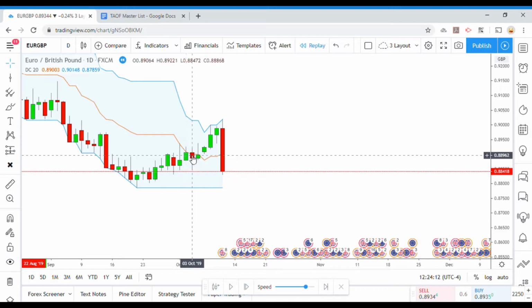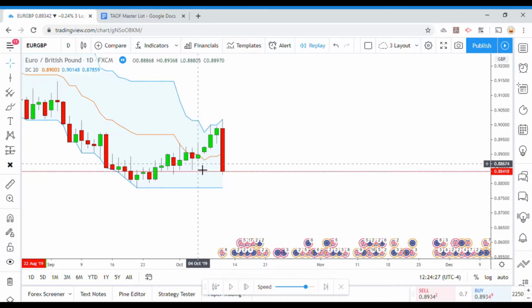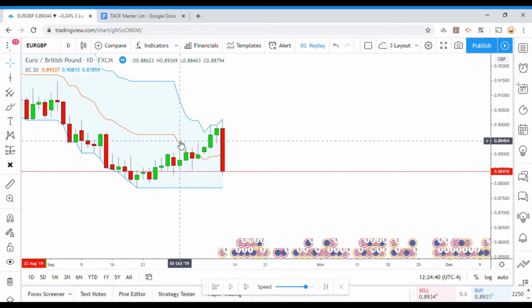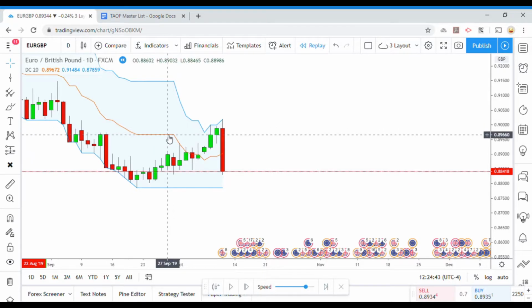But the indicator itself, when it opened the next candle, looks like the indicator dropped itself below, and the open of the candle is now above that center line. I believe when that happens, I don't believe that TradingView will fire off an alert of the break of the center line.